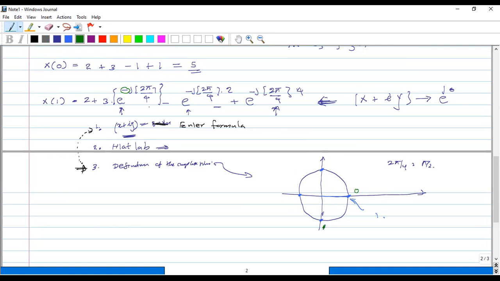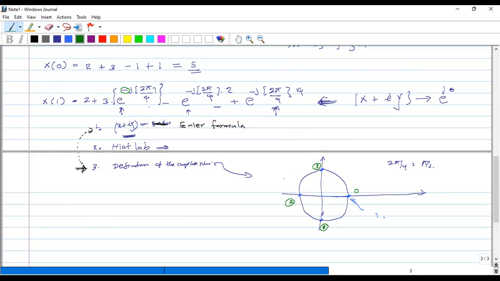So this is the first one, and this is the second one, and this is the third one. So this is 2π by 4 for 0 level, 2π by 4 for 1 this point, 2π by 4 for 2 this point, 2π by 4 for 3 this point. Sometimes you may have to calculate 2π by 5, 2π by 4 5.